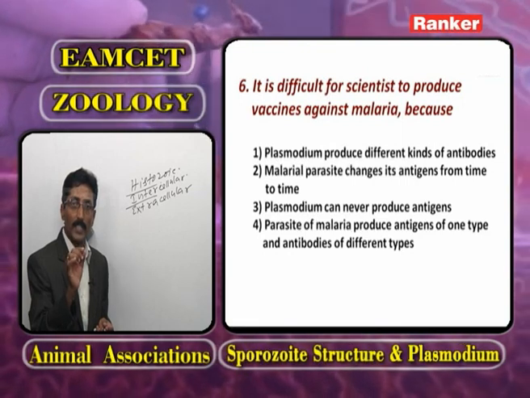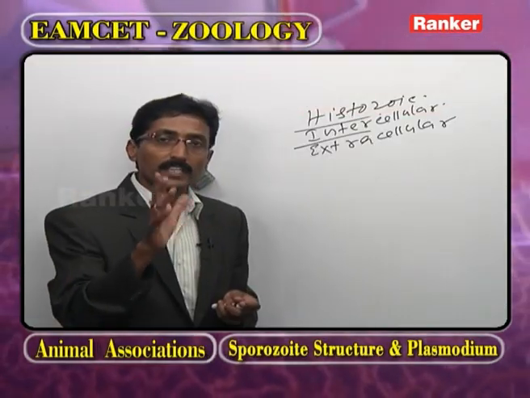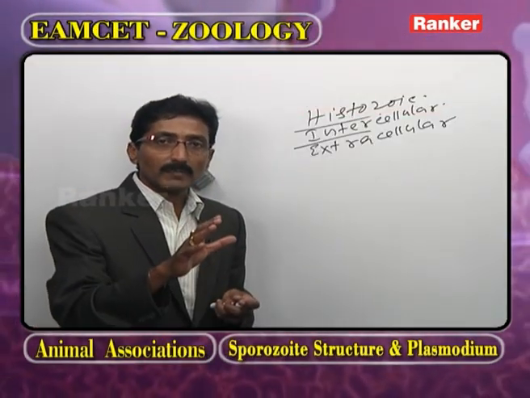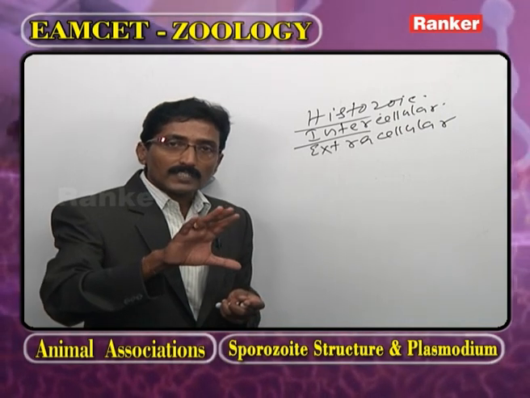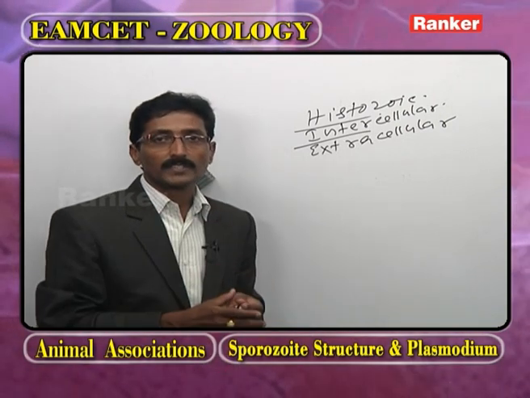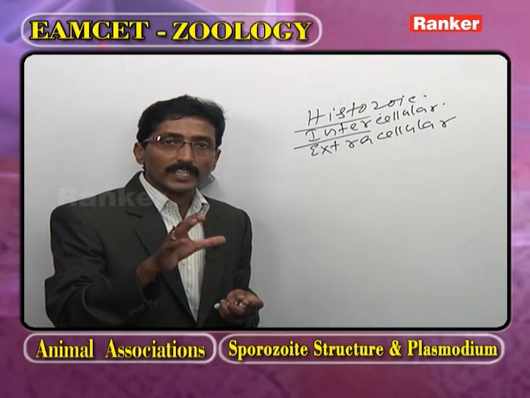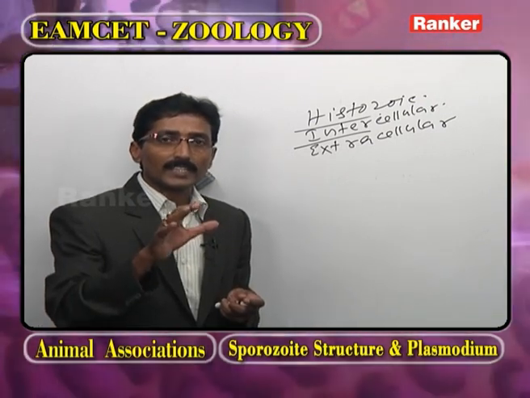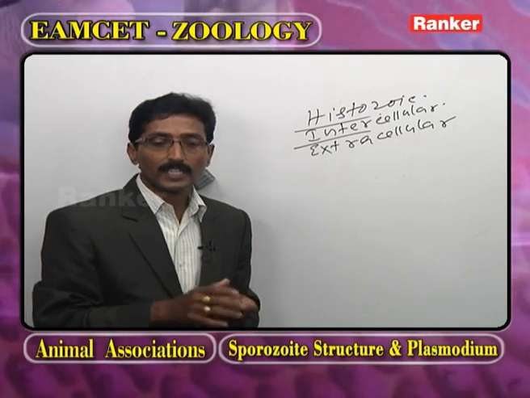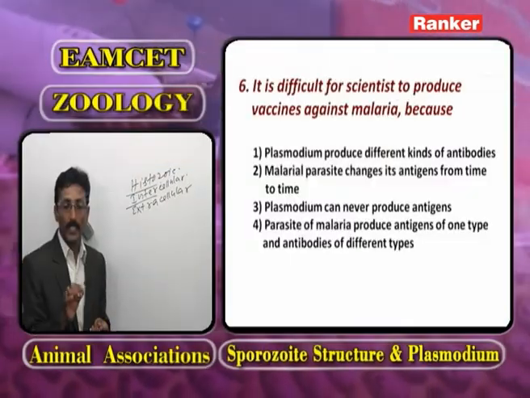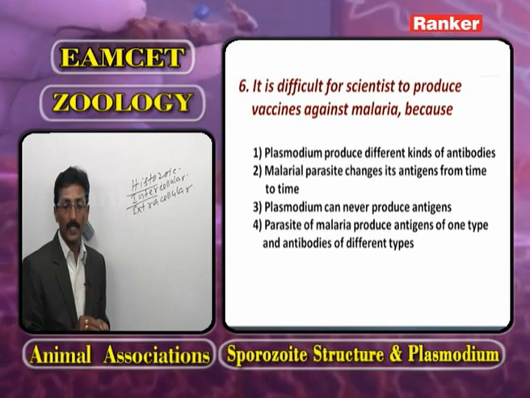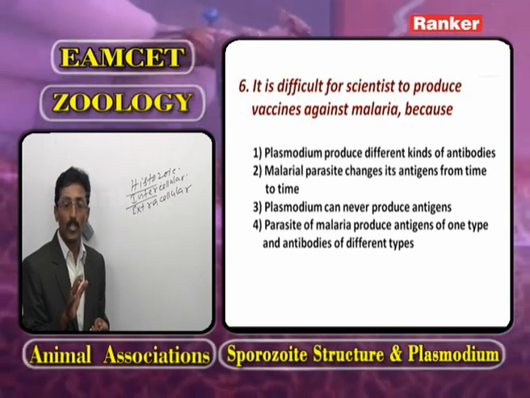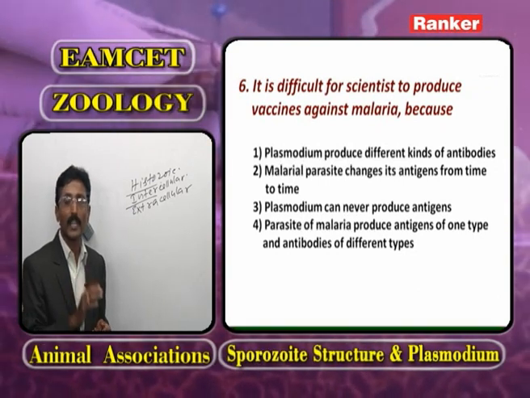Because of the parasite, the body size increases, the sexual nature modifies, and a new tissue develops. All these are discussed in the effects of the parasite. But what is the question here? It is difficult for scientists to produce vaccines against malaria.